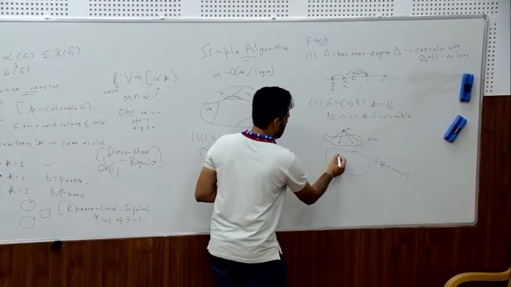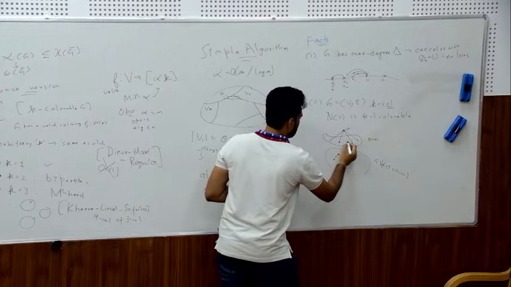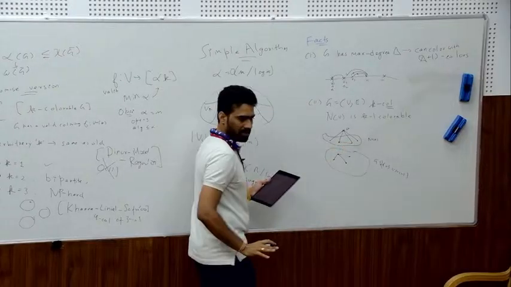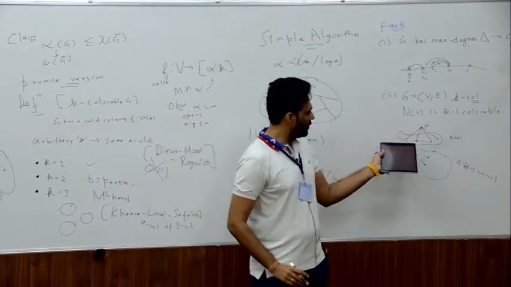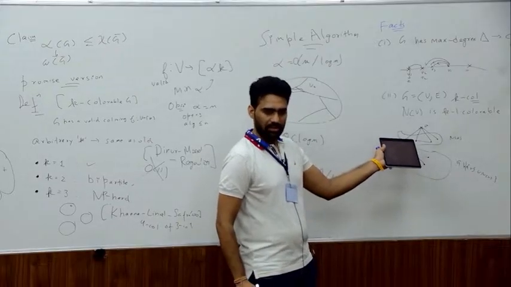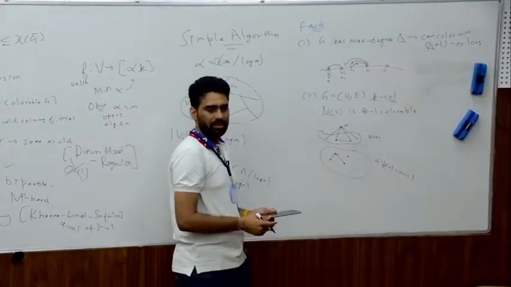So this could be arbitrary, of course. The graph is k-colorable, and I don't assume anything about that structure here. You could also have edges here. What I'm saying is that this neighborhood is k minus 1 colorable. In the case of 3 colors, it is 2-colorable. Just this neighborhood graph.